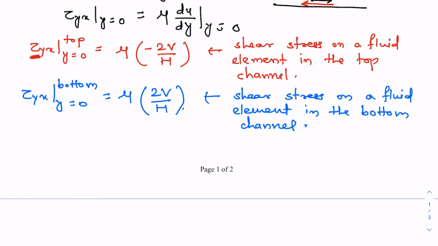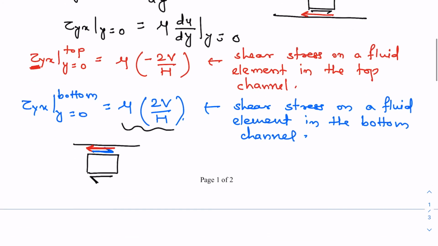Again, if we zoom in on a fluid element in the bottom channel, our coordinate system tells us that a positive shear stress will be acting in the positive direction on the top surface and negative direction on the bottom surface. So this is positive, and so this shear stress acts in the positive direction, and the shear stress acting on this tape is opposite to the shear stress acting on the fluid element. So the shear stress on the bottom surface of the tape acts in the negative direction.